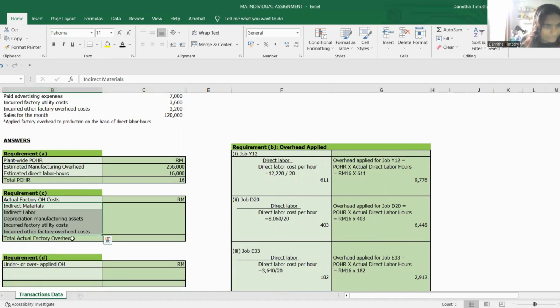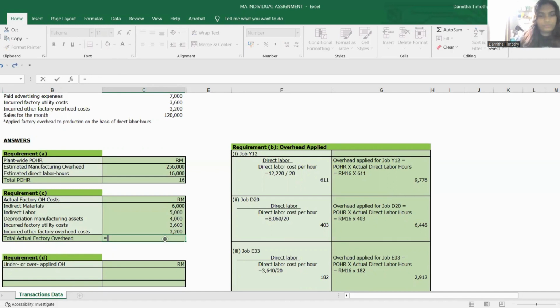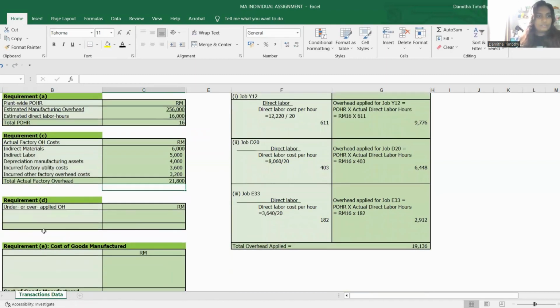All these five factory overhead costs will be considered as actual factory overhead. So we have to add all the values here, and the value will be 21,800.